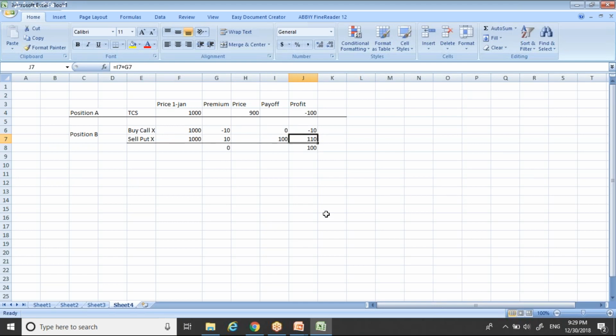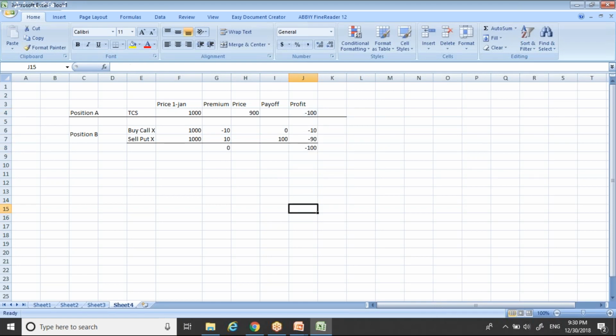Hold on. Payoff. So this, sorry, this minus this. So the payoff is same. So put gives you a loss of 90, call gives you a loss of 90. So payoff is 100 and the payoff is 100. So both are same again.